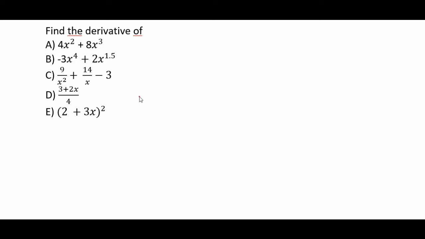First of all, we are going to use the following formulas. For example, I have an equation y equals ax to the power n.